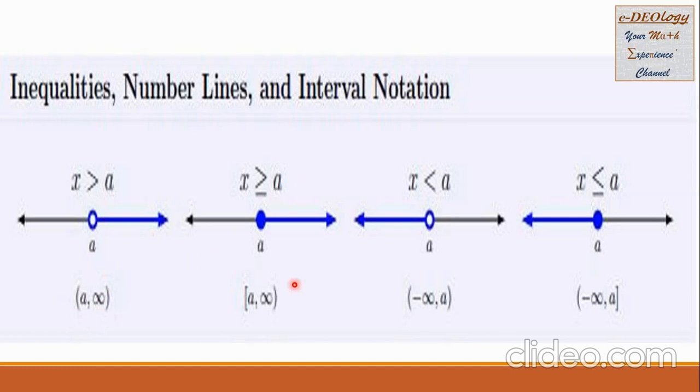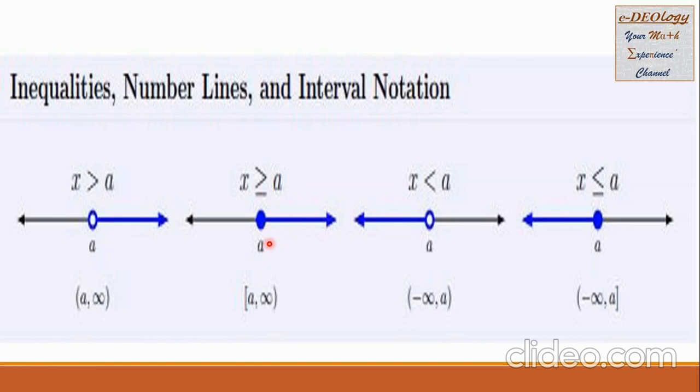For the second type is the x greater or equal to a. Again, we identify our reference number a, and then all numbers greater or equal to a are those numbers that are on the right after the a, and this is again unlimited.